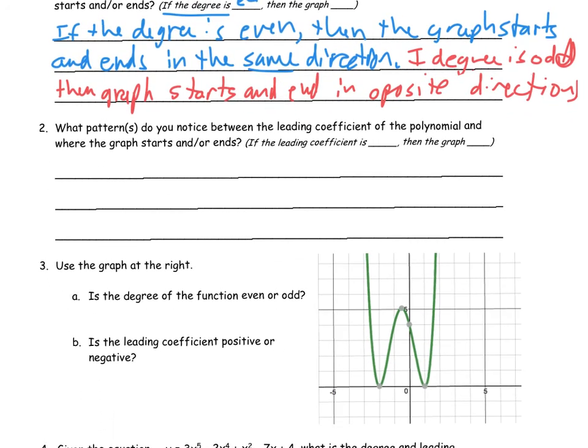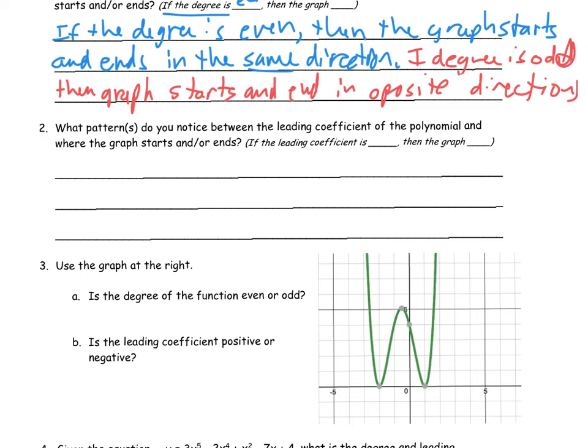Okay. So number 2 here, and then I'll let you guys work on this. What patterns do you notice between the leading coefficient of the polynomial and where the graph starts and ends? Here's the deal.